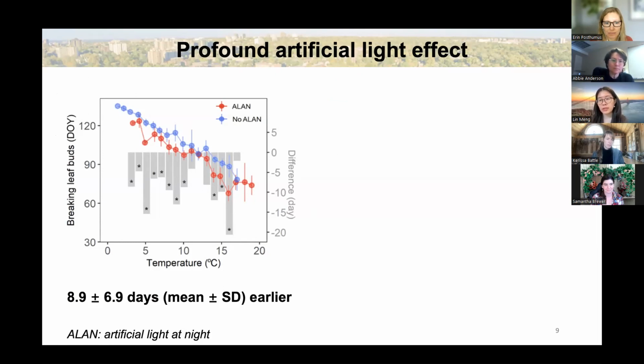So in this way, I can disentangle the effect of temperature and artificial light. And then I found, on average, those sites with artificial light show breaking leaf bud 9 days earlier. This is pretty profound. This is more than a week.